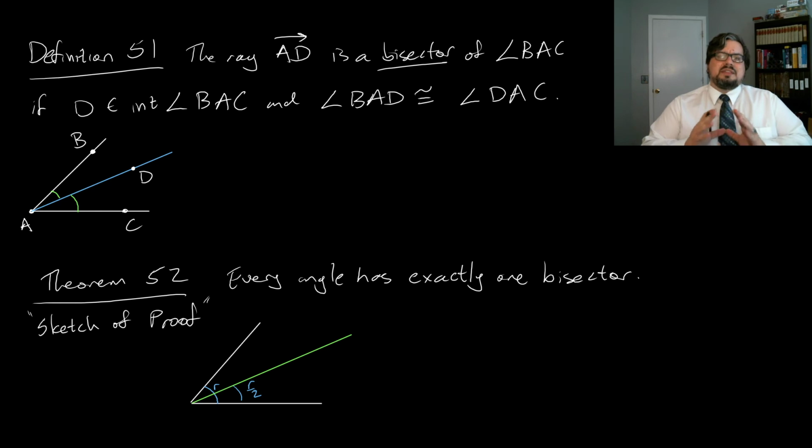And this does work, but when you actually go through and try to prove it, you run into a difficulty. Certainly, for any bisector, you know that the two angles formed must have a measure half that of the original by the angle addition axiom.